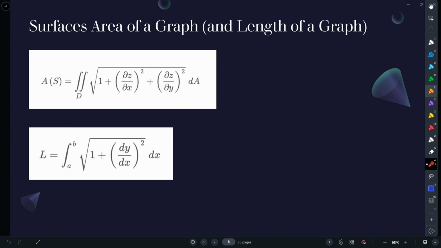We applied that to the particular case where you have a graph. So we have, for example, in this case, say z equals f of x, y.